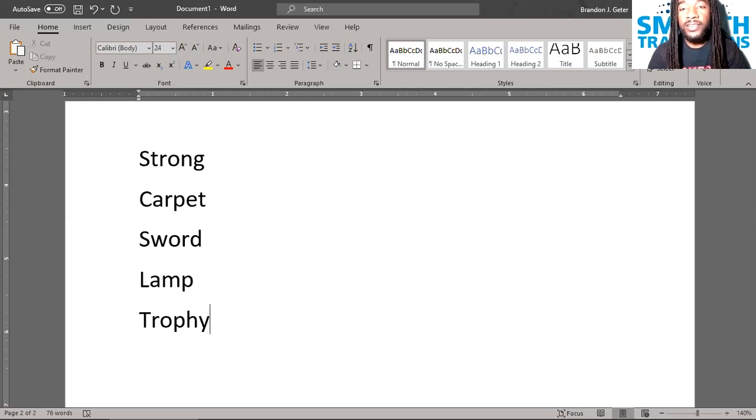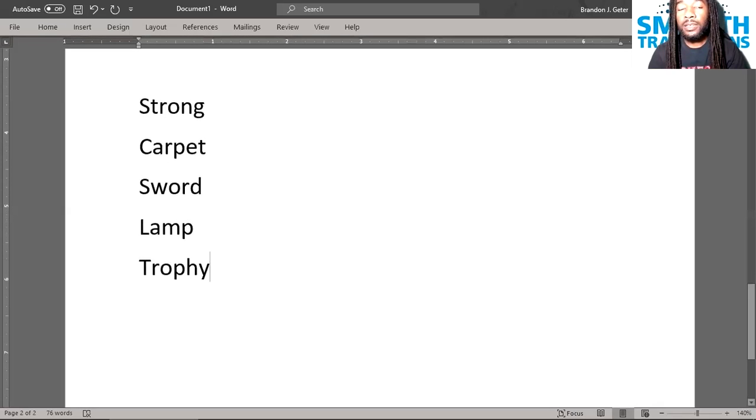So in this exercise, what I would have you do is create a transition paragraph. Now, these 5 words have nothing in common in my mind. Like I didn't pair them together in any cognizant way. So I have 5 words, so I'm going to create 4 transition sentences.